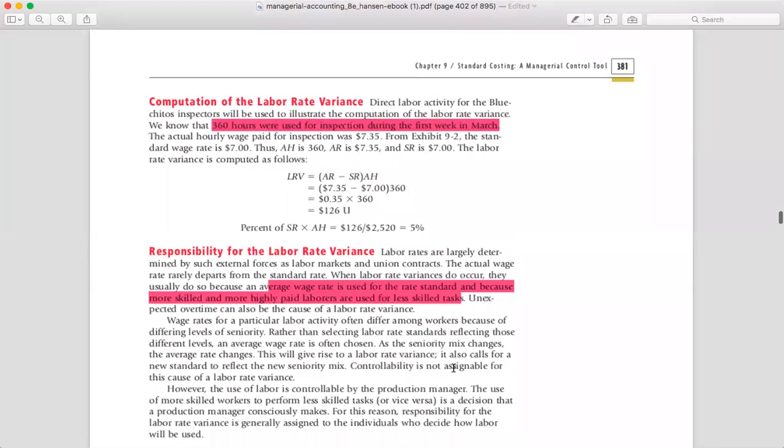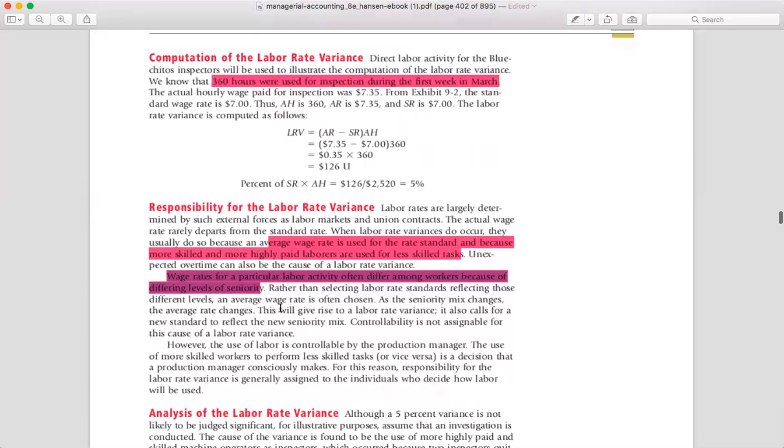So the wage rate for a particular labor often differs between workers because they have different levels of seniority, right? If the seniority changes, it will raise the labor variance.